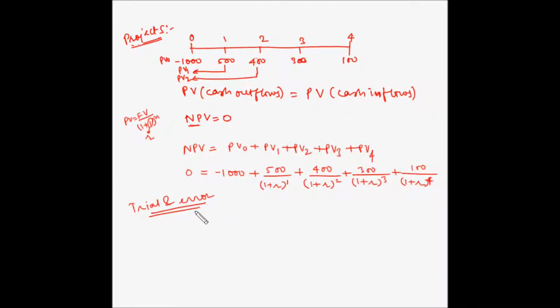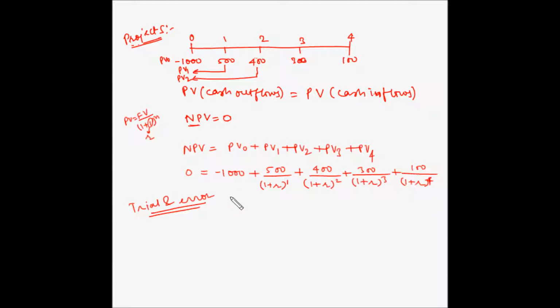So in the trial and error method, the approach is to select any discount rate to compute the present value of cash inflows. Now, there will be two possibilities. One is that the value of this right hand side is greater than 0.